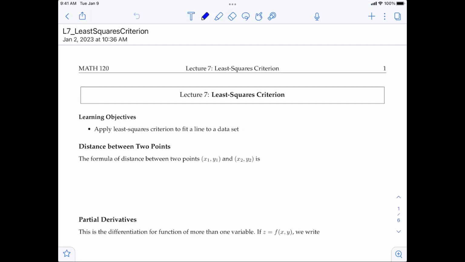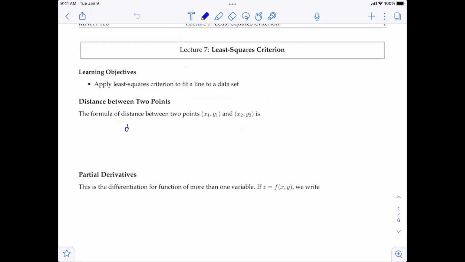All right, the formula for the distance between 2 points, (x1, y1) and (x2, y2), is d, which we call the distance, equal to the square root of (x2 minus x1) squared plus (y2 minus y1) squared. If you take the square of both sides of this equation, you get d squared equal to (x2 minus x1) squared plus (y2 minus y1) squared.